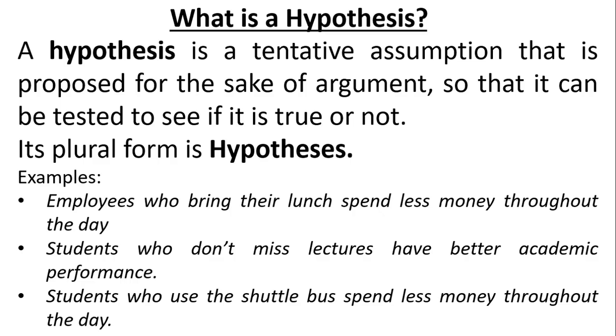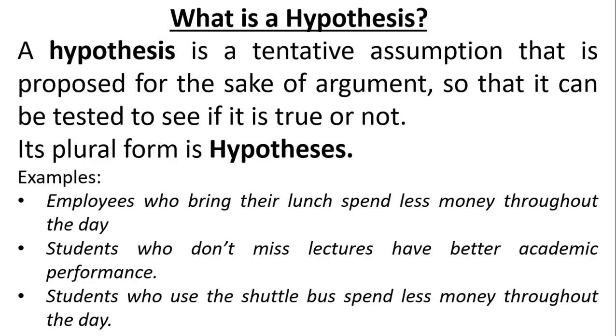That involves getting all our information on who brings lunch to work, and the total money they are likely to spend daily. When we now put that to the test, we then decide, oh yes, the statement can be rejected or can be accepted.